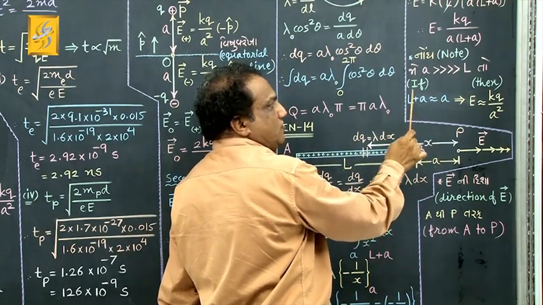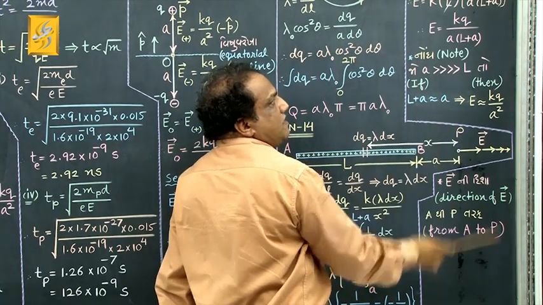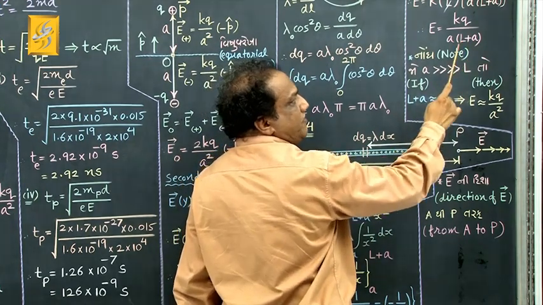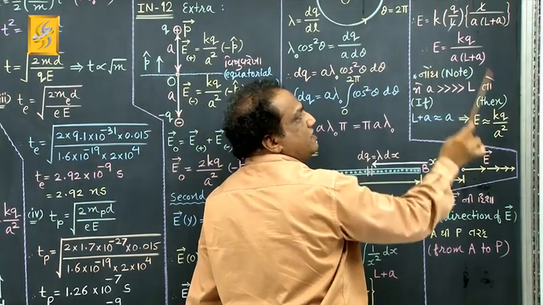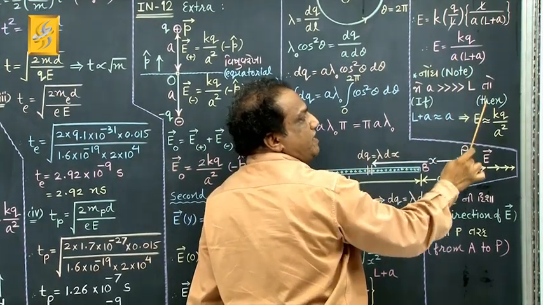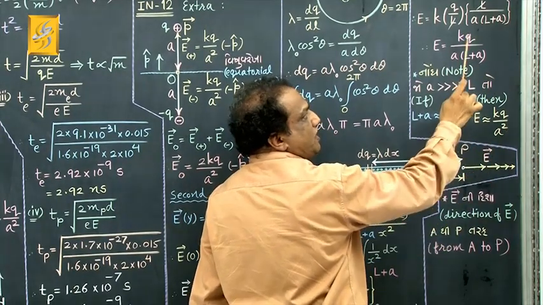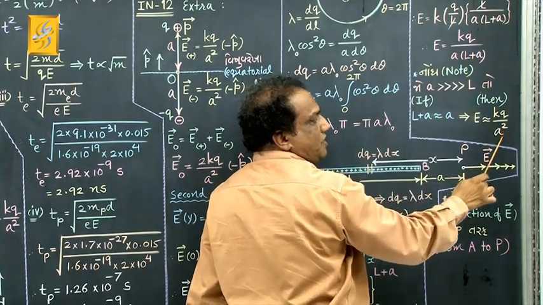So in place of L plus a, you can write a. So a into a will be a square, correct? So kq upon a square.